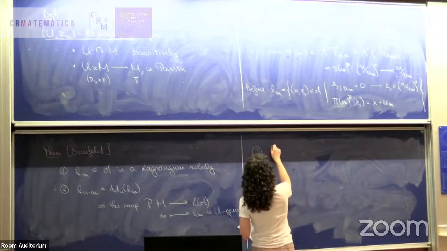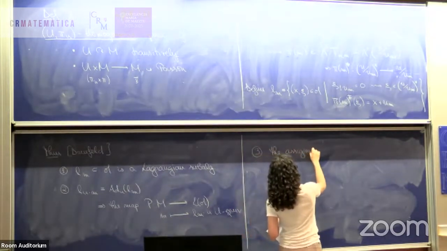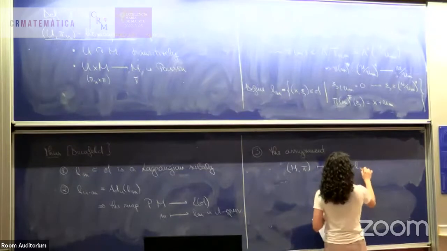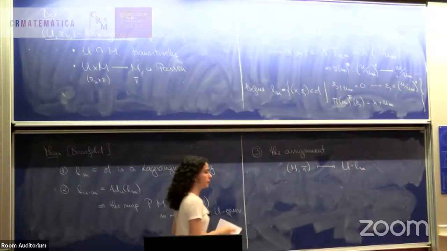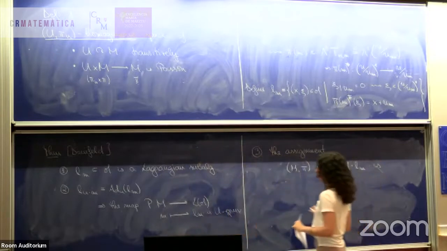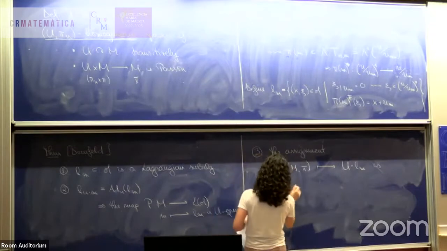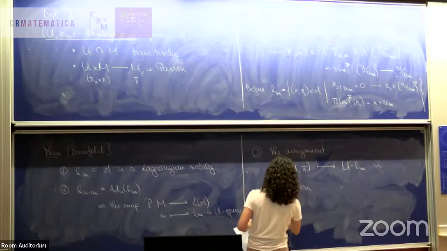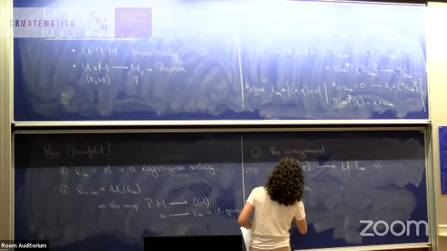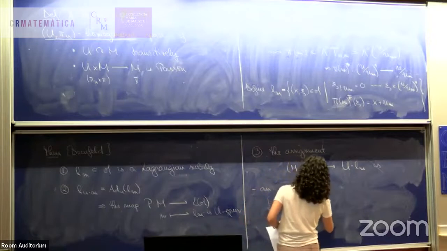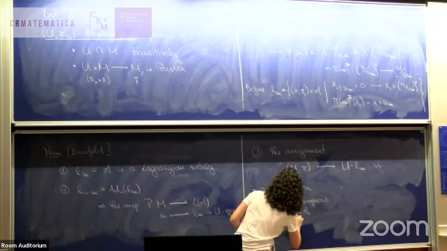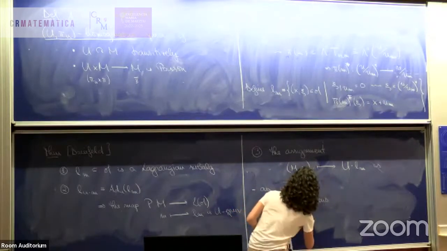So let me say that the assignment, when I take a Poisson homogeneous space M, pi and I map it to the U orbit of L_m for any little m in M, is an injection once I restrict to the set of Poisson homogeneous spaces with connected stabilizer subgroups U_m.